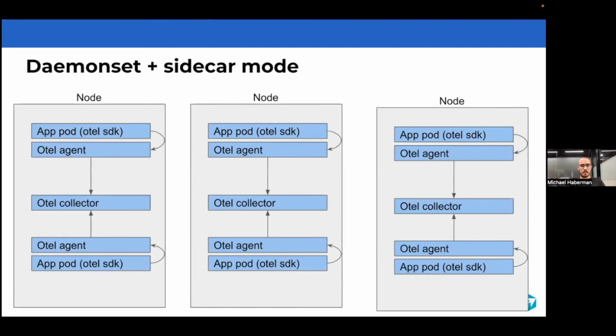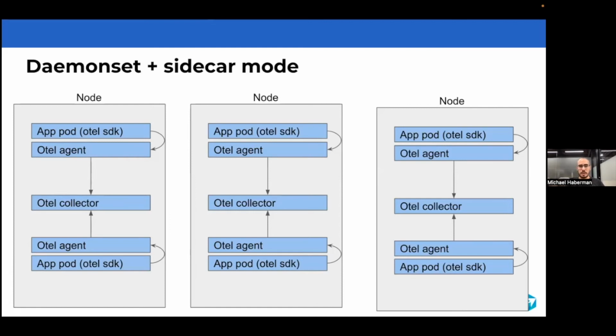And the last one is sidecars. Sidecars allow you to have, for each pod, a dedicated OpenTelemetry agent, and that agent would communicate with a daemon set or deployment of the OpenTelemetry collector. The reasoning is that the SDK itself needs to send a lot of data.